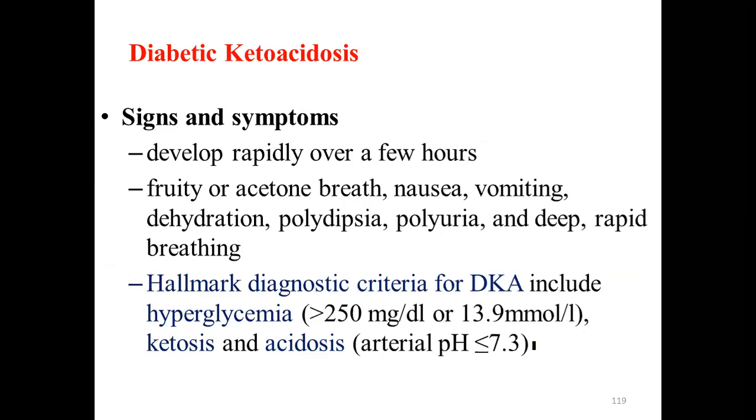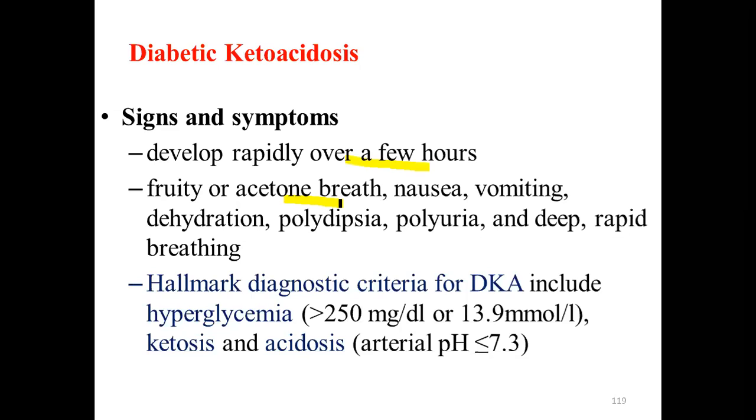So what are the principal symptoms when a patient has DKA? It occurs rapidly over a few hours. The patient can have fruity or acetone breath. There is a possibility of nausea, vomiting, dehydration, and so on.